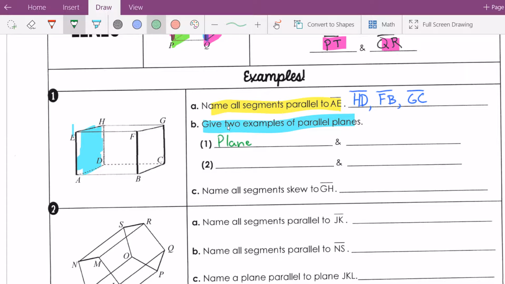You can pick any of these 3 points because they would all work. We're going to go with H, E, D. So plane HED, and we need another plane that is going in the same direction. The only plane in this picture going the same direction is the one across from it, and that can be named by picking 3 points from it. We'll go with GFC.